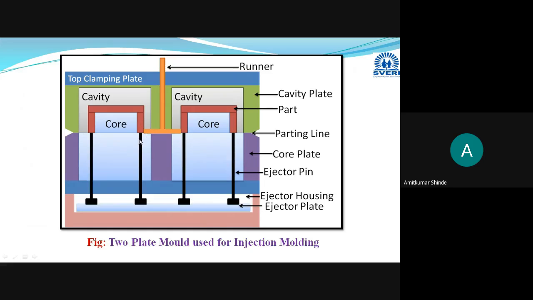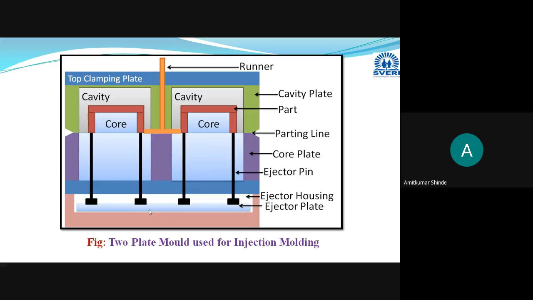These black portions are ejector pins, and this top is the ejector plate, okay. So you can use two plate mold or three plate mold, okay.